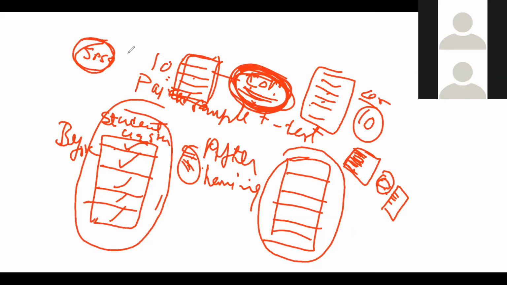So in paired sample, your sample will be same. In case of one sample t-test, there will be only one sample. In case of two sample independent t-test, there will be two different samples.